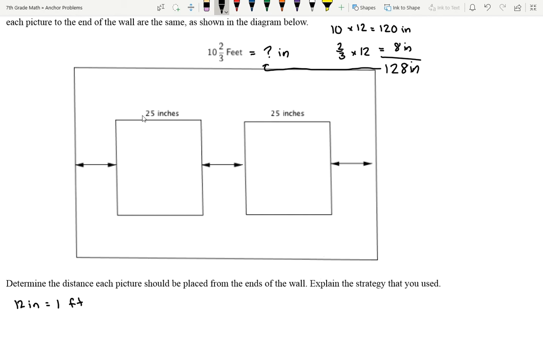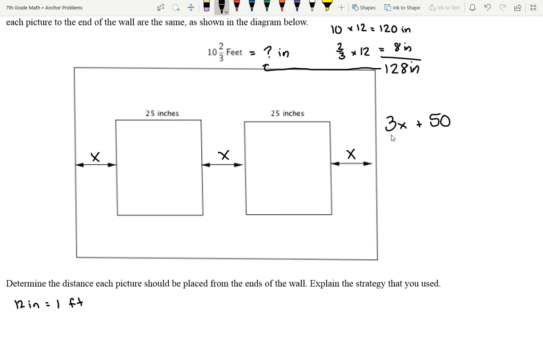We have this distance and the 25, this distance and the 25, and this distance being equal to the 128 inches. So we could set up an equation. If we call this distance x, and this distance x, it looks like I have 1, 2, 3 x's plus this distance and this distance, which is 25 plus 25, which is 50 inches.